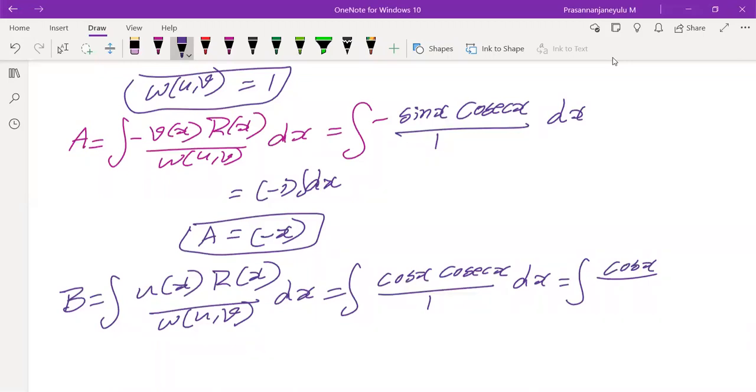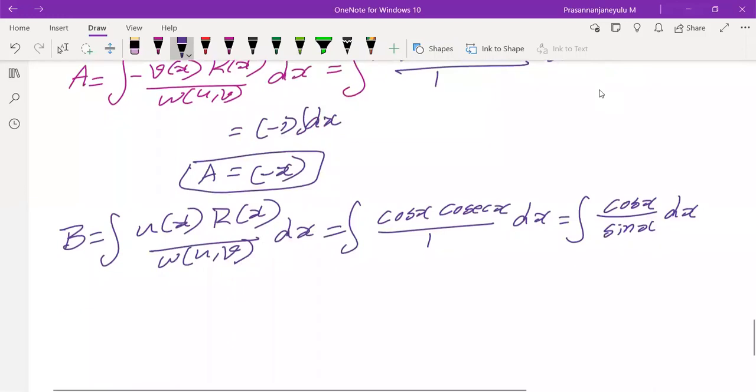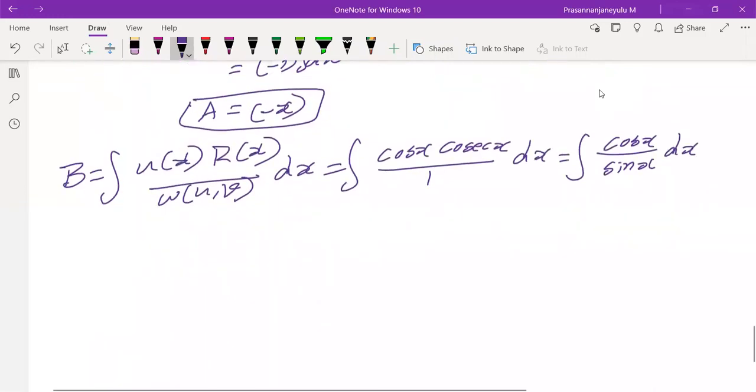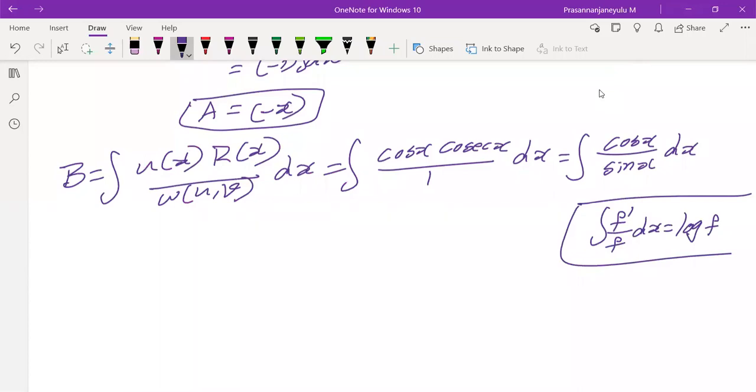So what is integration of cos x by sin x? It is in the form of a fraction. We already discussed many problems in unit number 1, solutions of first order first degree. Whenever you have a fraction inside the integration, just think whether it is in this form or not. What is the formula for this? Log of modulus f of x, or you can say log of f.